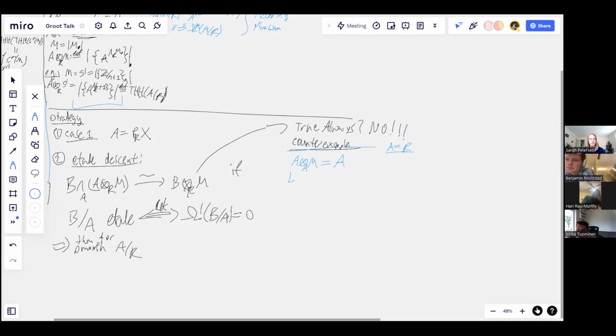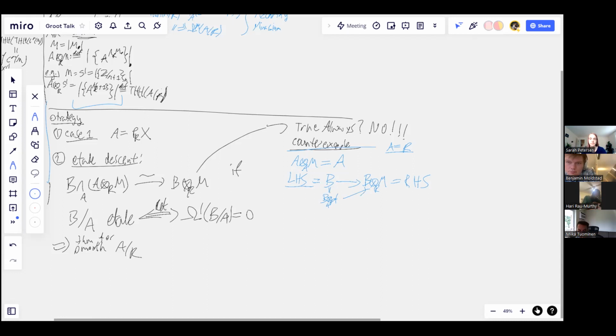So my left-hand side is going to be equal to B tensor over A with A. My right-hand side is going to be equal to B tensor over R with M. So this thing is true if and only if the map from B to B tensor M, which is induced from regarding B as B tensor a point over R, is an equivalence.